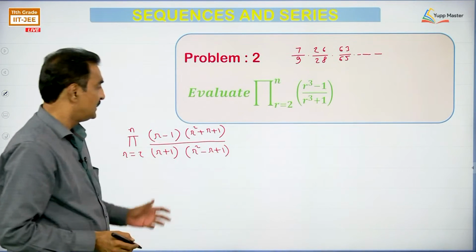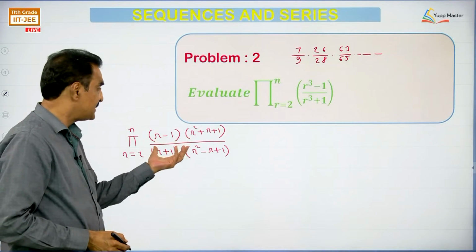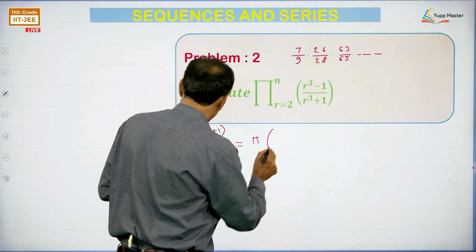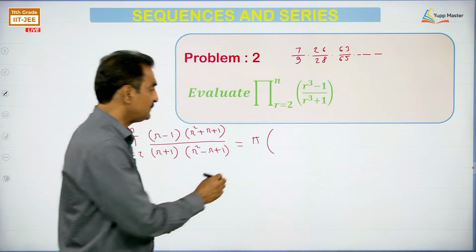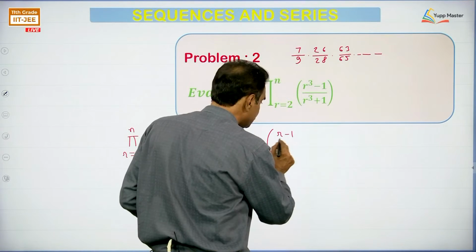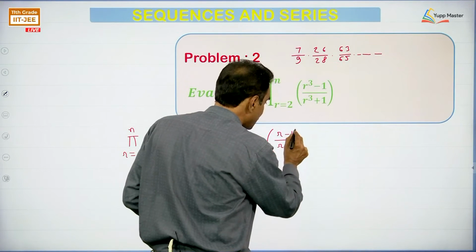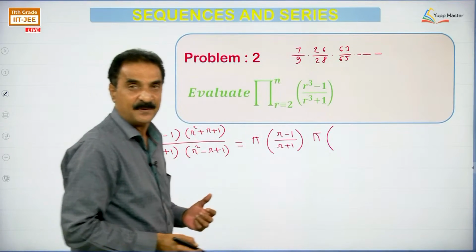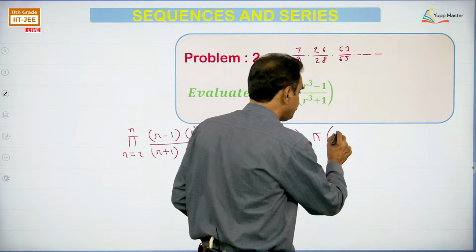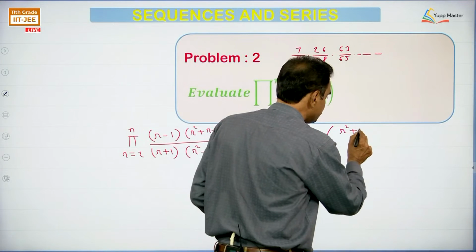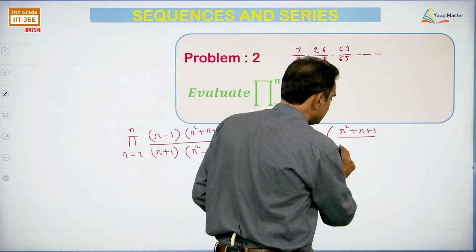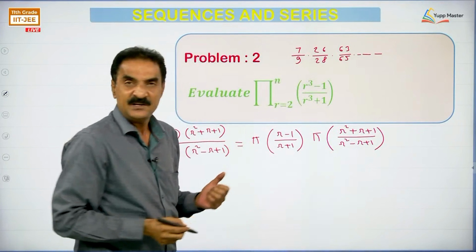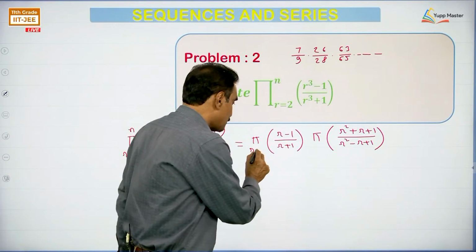Now we can write this product as pi of r minus 1 by r plus 1 into pi of r square plus r plus 1 by r square minus r plus 1. And in each pi, r varies from 2 to n.